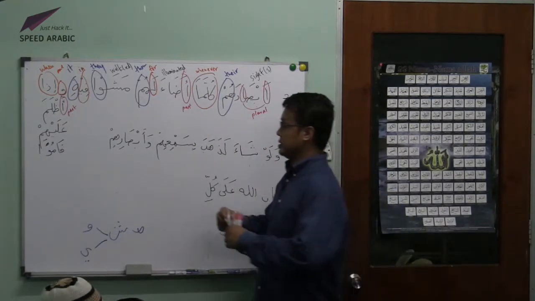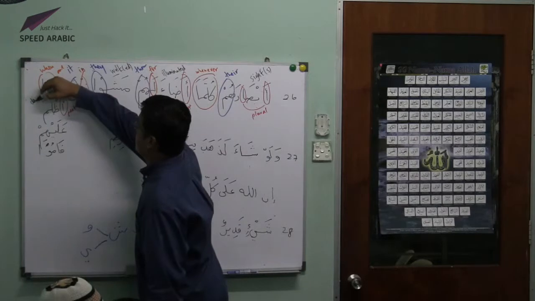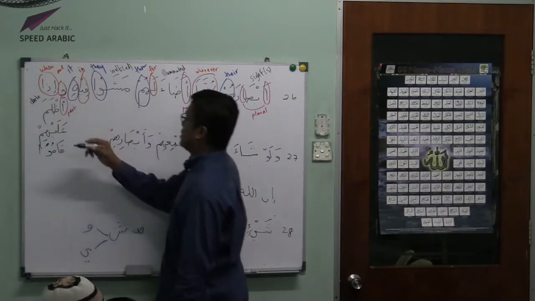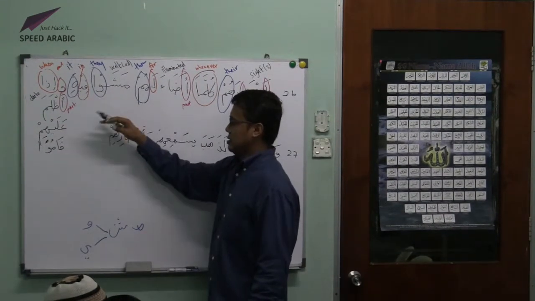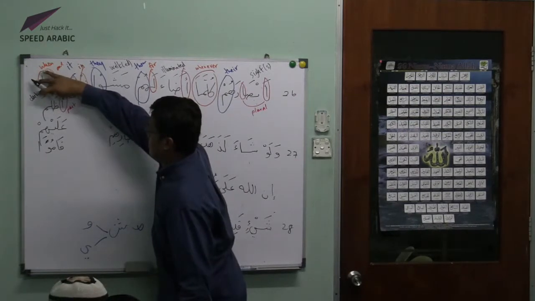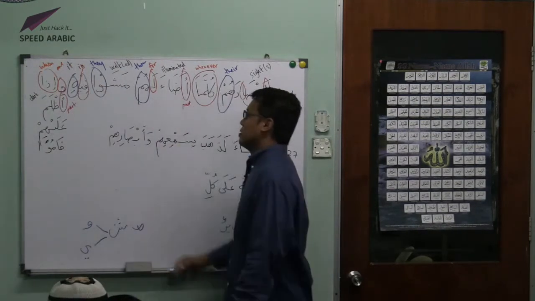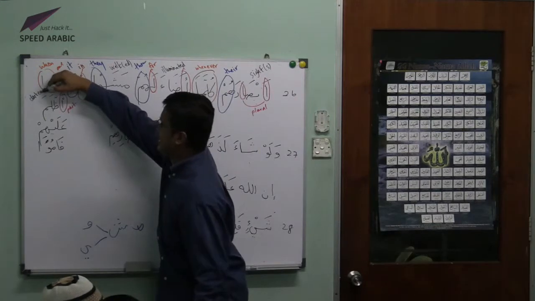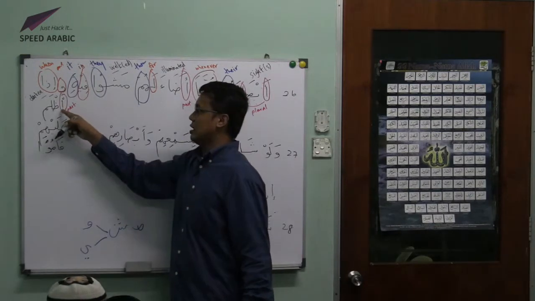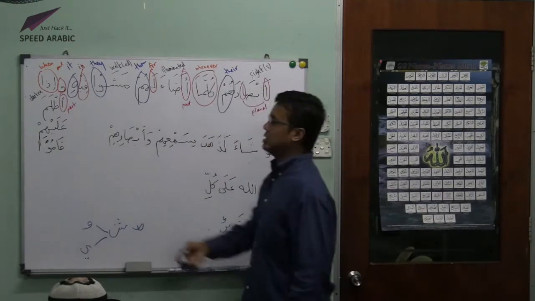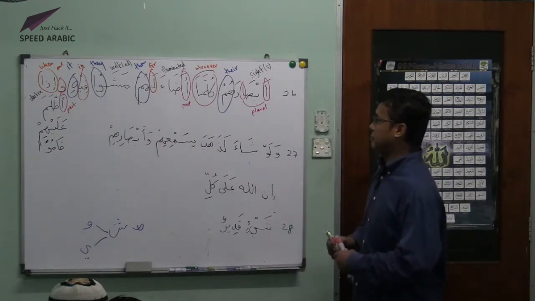What's the meaning? Dark. Okay? Okay, dark. Darken. This en you get from the Hamza here. Make dark. Okay.